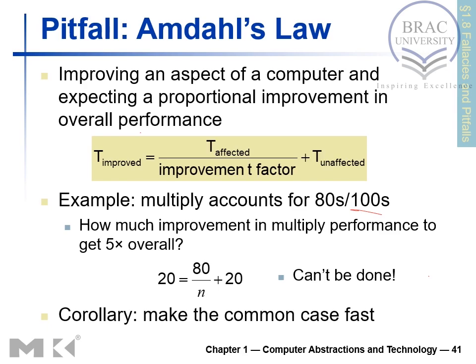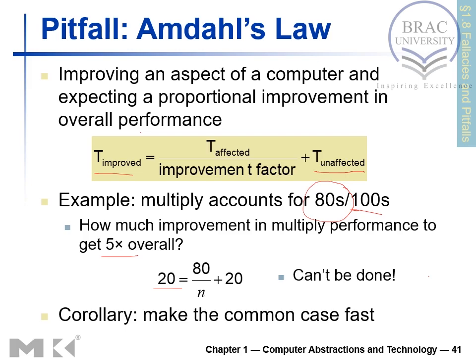Now what we are targeting is 5x overall improvement. That means we'd like to execute this multiplication in 20 seconds. So to achieve that, what improvement do we need to do? Improved, we would like to have it in 20 seconds. Affected is the multiplication, this part, because the rest, that means the 20 seconds, will be unaffected.